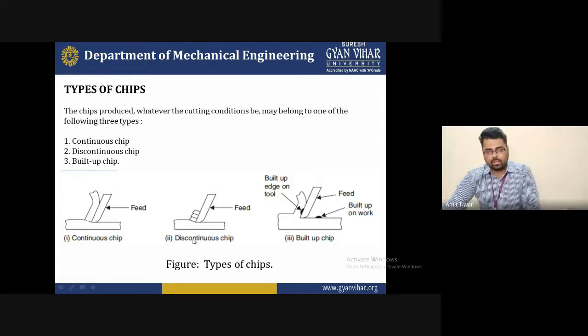A brittle material has low toughness, thermal coefficient and thermal conductivity, with everything below the mechanical properties of ductile material. If we use it, the discontinuous chip will be generated at the surface of the tool.